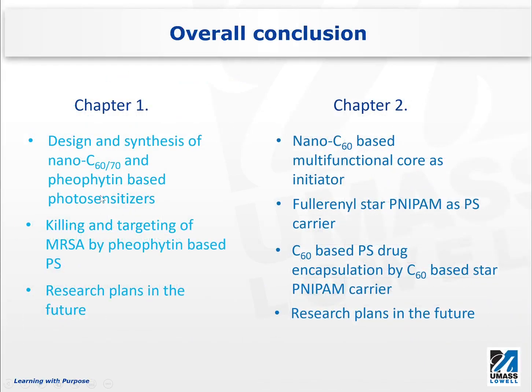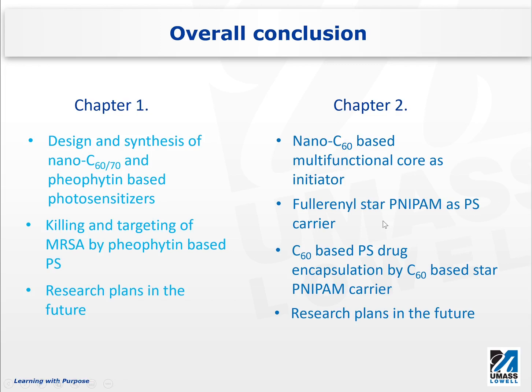So overall, in chapter 1, I talked about the design and the synthesis of nano C60 and C70 and P15 based photosensitizer. And then I talked about killing and targeting of MRSA by P15 based photosensitizer. That is our future research plan. In chapter 2, I talked about nano C60 based multifunctional core as an initiator that can be used for different types of polymerization.